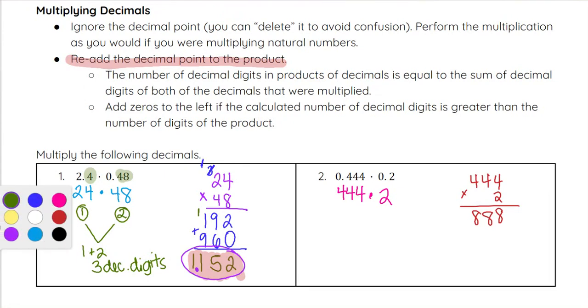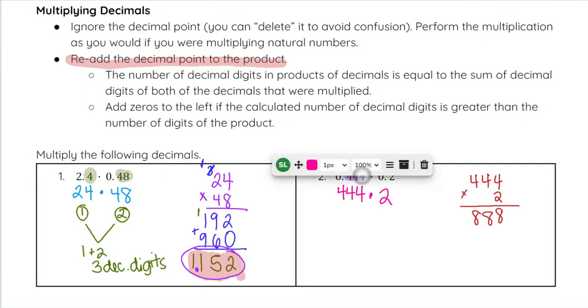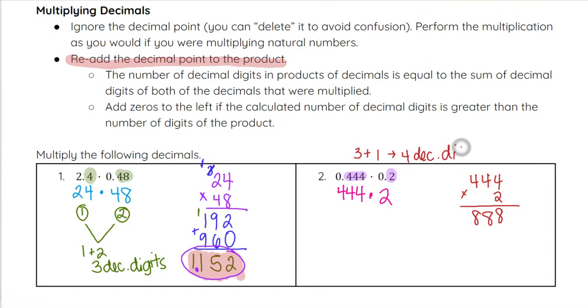Notice again, we do have to count our decimal digits. So we have 3 decimal digits here, and we have 1 decimal digit here. 3 decimal digits plus 1 decimal digit is going to give me 4 decimal digits in my final answer. Now you might think, well, I only have 3 digits. So if I start from the right side, just like we did on the last one, I move it over 1, I move it over 2, I move it over 3.